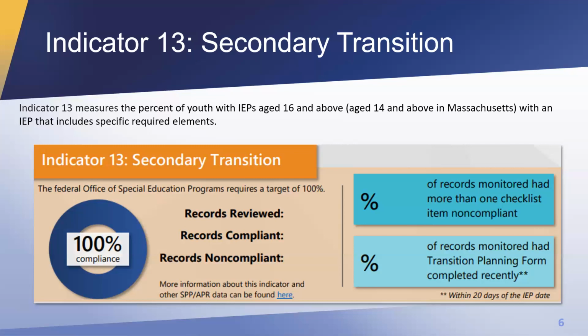It excludes students who are not age 14 and above and students with IEP meetings that are outside the date range for monitoring. As with other compliance indicators, the Federal Office of Special Education requires 100% compliance. For each record review, records are found non-compliant if they are missing any of the elements for indicator 13.